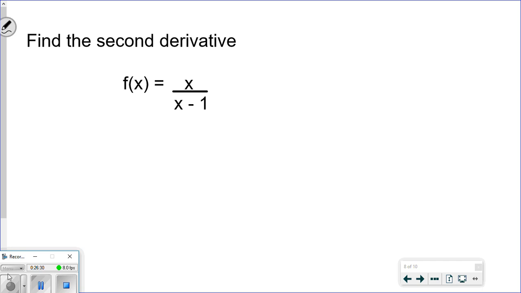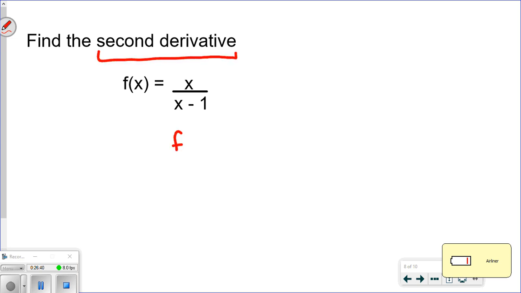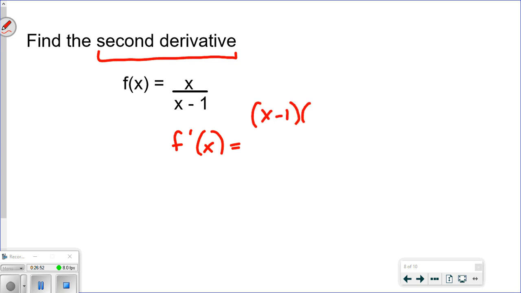Okay, so here's our last problem for the day. This time they want us to find the second derivative, which probably is going to be a pain, but we'll give it a try. So the first derivative, we know we're going to have to use the quotient rule because we have a lovely quotient. So we know it's low d high. Well, the derivative of our high is 1 minus high d low.